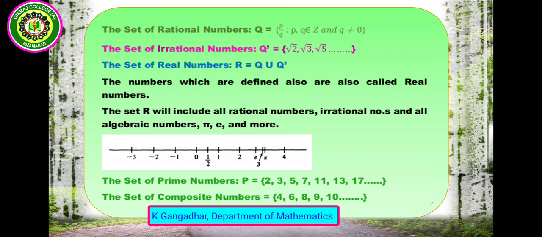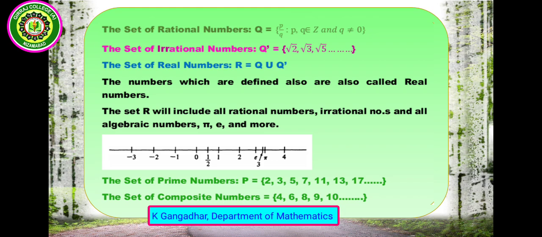If the denominator value is not equal to 0, then the number is defined. If the denominator is 0, then the number is not defined. So rational numbers are of the form p by q, where p and q are integers and q is not equal to 0.